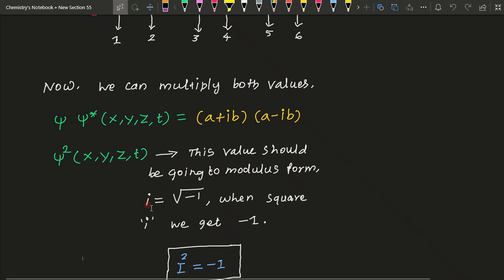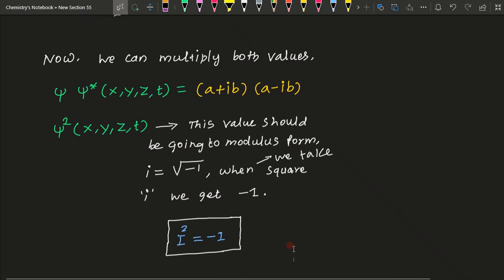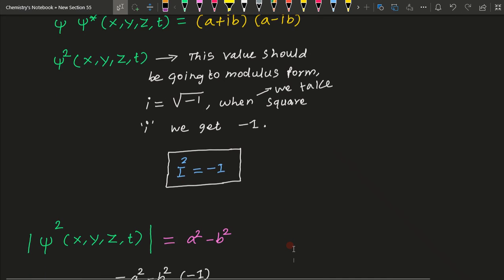Since i equals root of minus 1, when we take the square of i, we get minus 1. So i square equals minus 1.